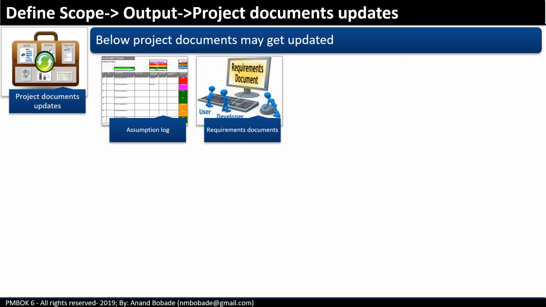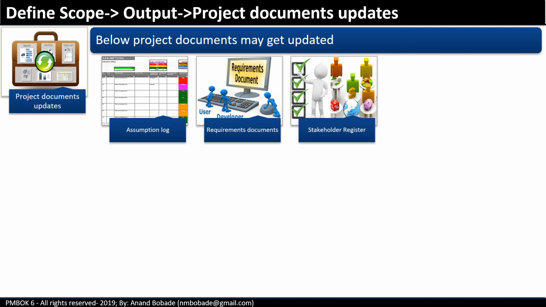Requirement review and product analysis may result in adding or changing requirements. These changes or additions are added to the requirements documentation, including the requirement traceability matrix. Stakeholder register. New stakeholders may be identified during their participation in this process, especially during the requirements workshop. So all these stakeholders will be a part of your stakeholder register.